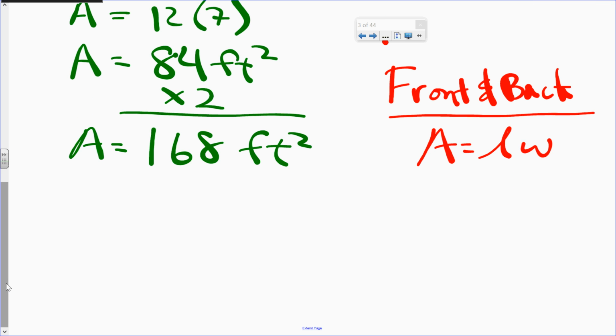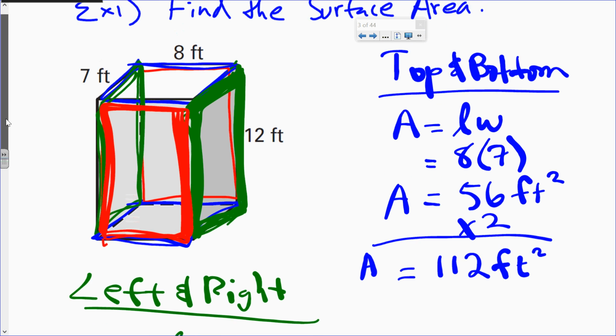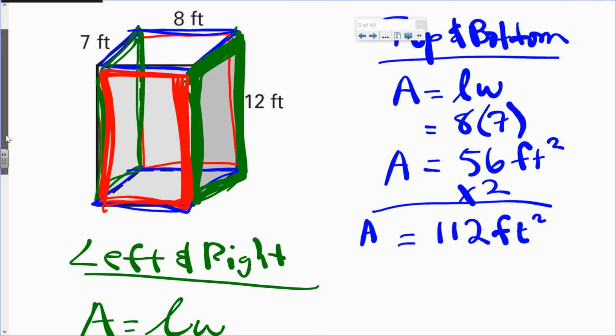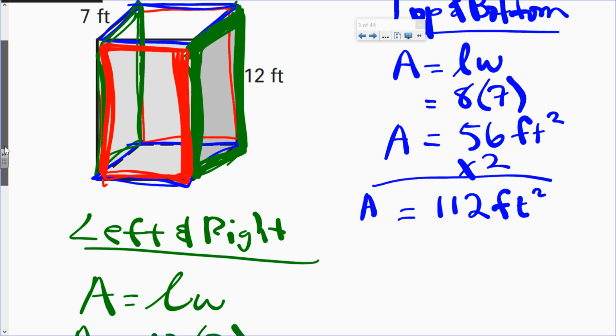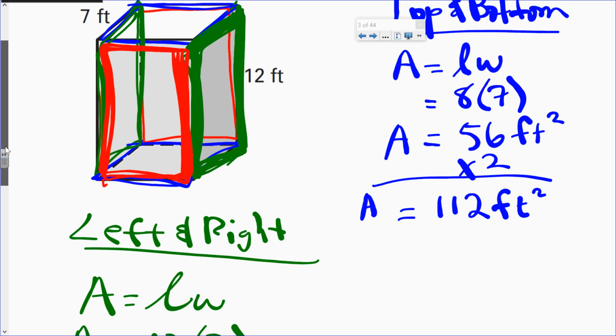Area then of the front rectangle. What would be the length of that front rectangle, Ramirez? That one in red. What's the length of that one? It's right here, this one in red.